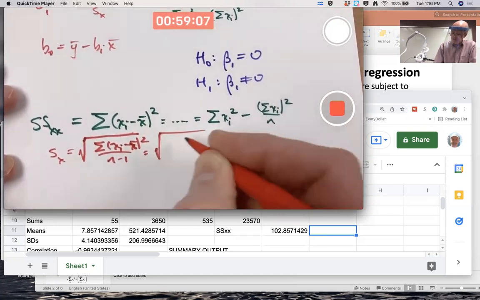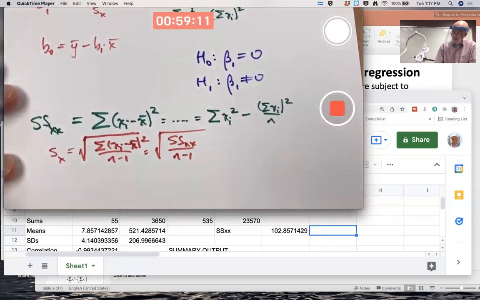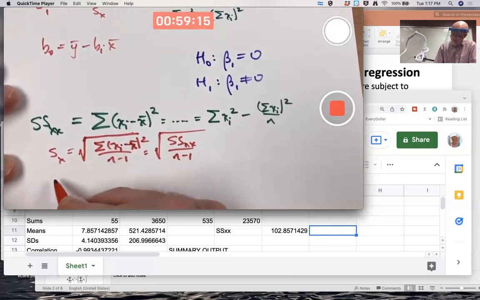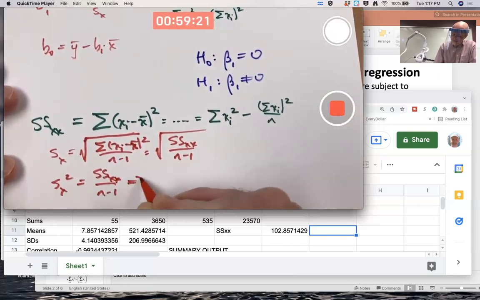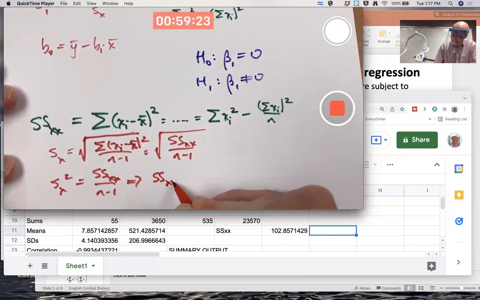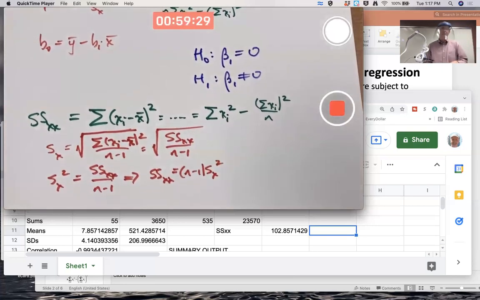The formula for the standard deviation involves SSxx. Therefore, if I know the standard deviation, I could solve this for SSxx, squaring both sides to get rid of the square root. SSxx can also be found by doing n minus 1 times the variance of the x's. Standard deviation of the x's is in cell B12.